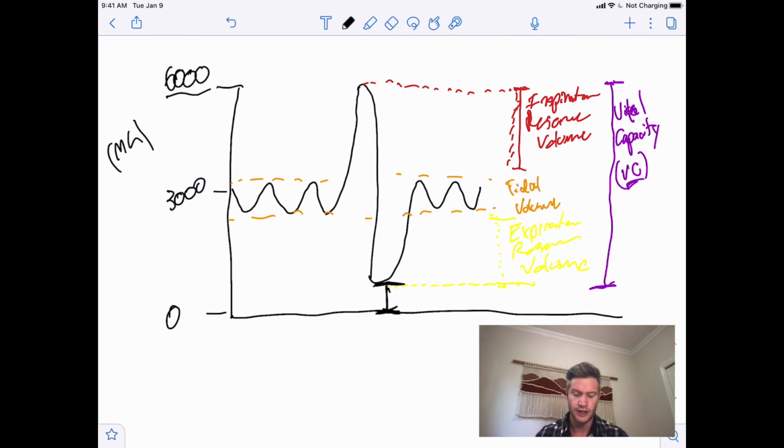So typically, to figure it out, we use algorithms and different equations to assess for that. And that is our residual volume. Okay, there's that space in there. Okay, so vital capacity is all the possible air we can breathe in and out, not including the residual volume, which we can't breathe in or out. It's just there. All right.